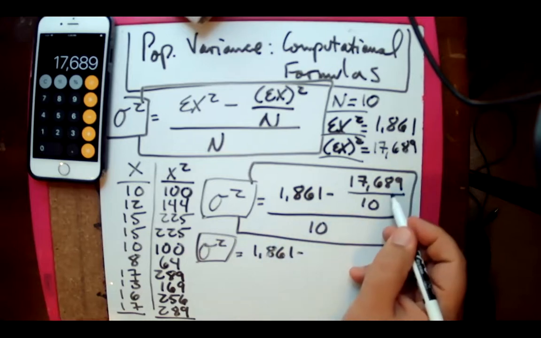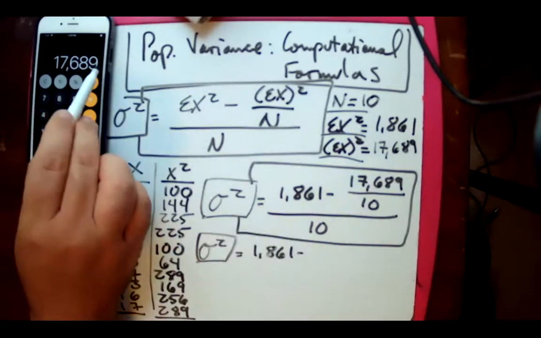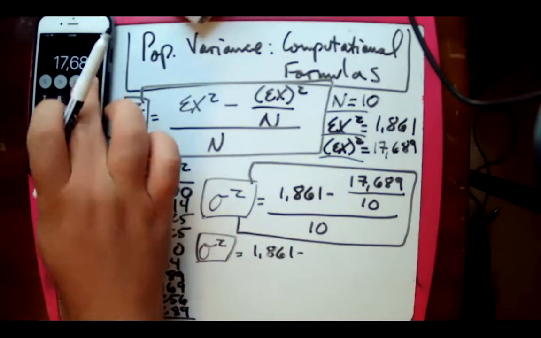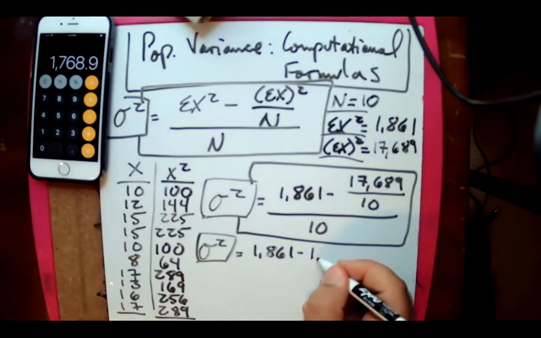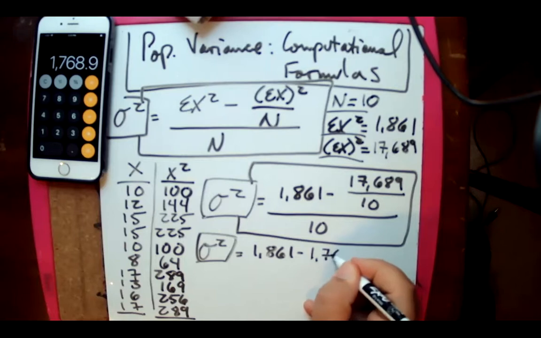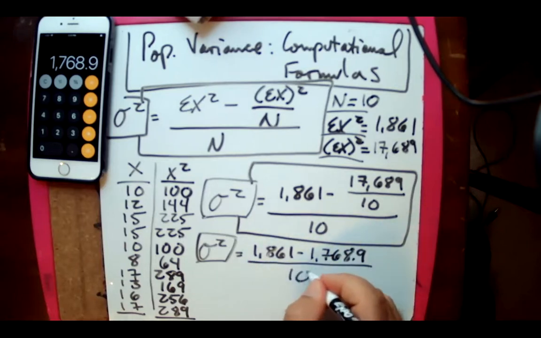First thing we want to do is divide 17,689 by 10. Oh, that's convenient. You could probably do this in your head because it's by 10. That makes it easy. So we get 1,768.9. And then the final denominator is 10, right?